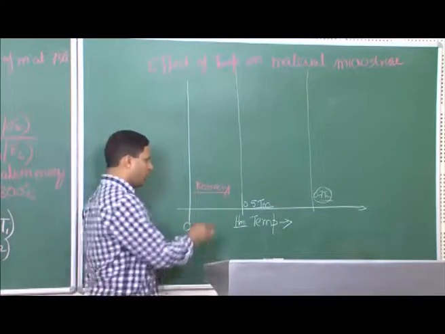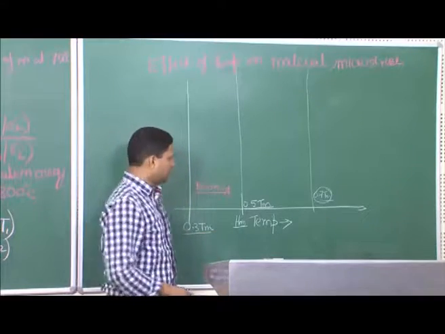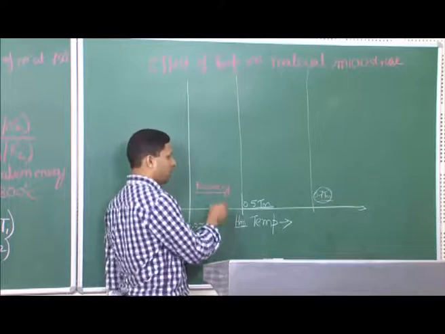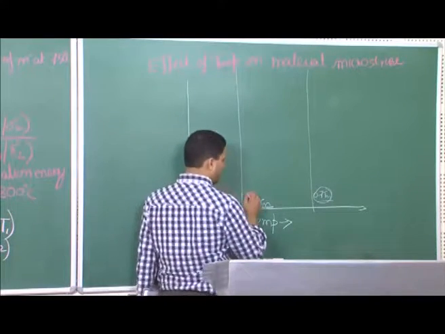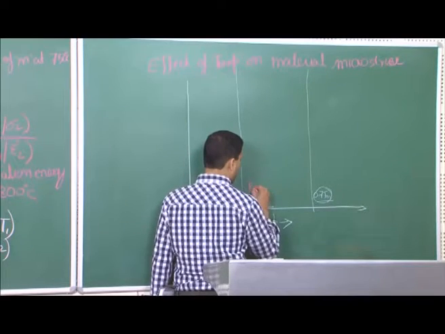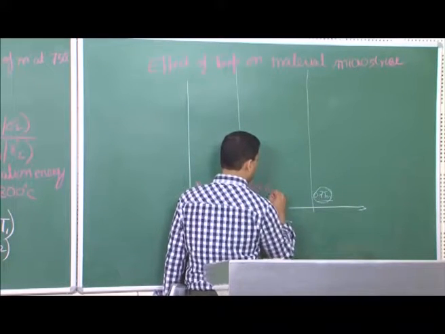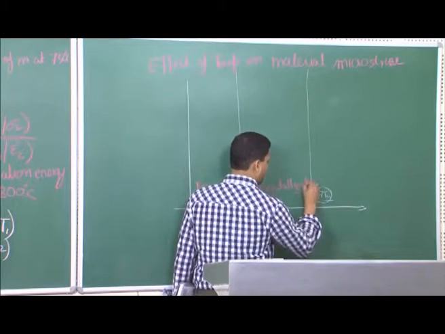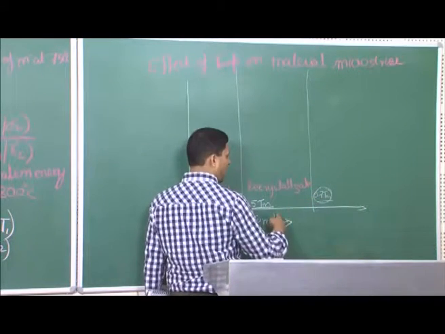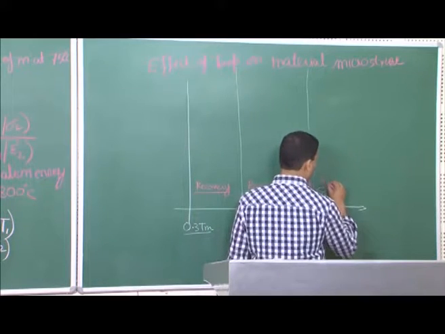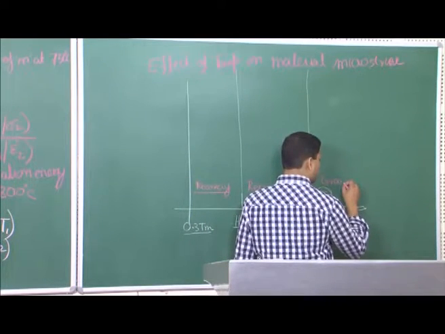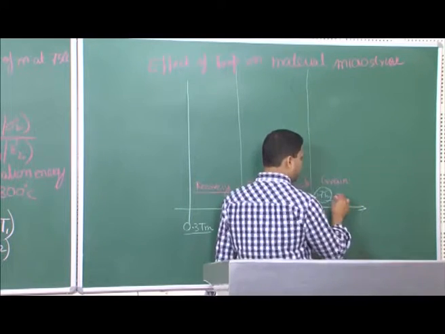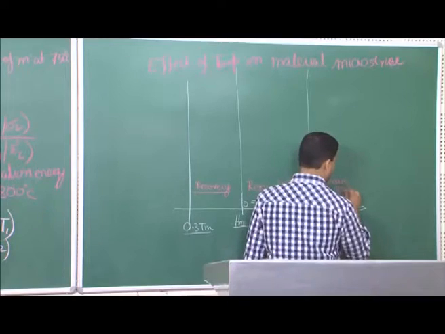Above 0.5 Tm what we have is recrystallization, and at a much higher temperature the changes that take place in the microstructure are defined by grain growth.